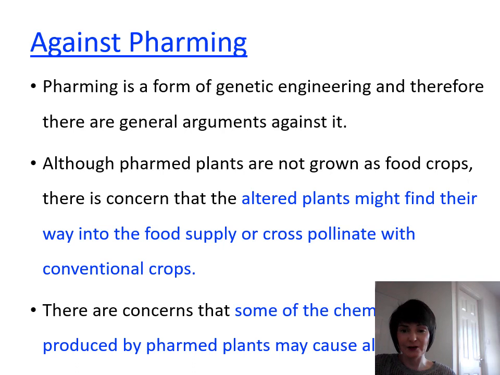So some people are obviously against that process, that some of the pharm genes may enter into the food chain, and we don't know the impact that would have on the human population. There are also some concerns that some of the chemicals produced by pharm plants may also cause allergies.